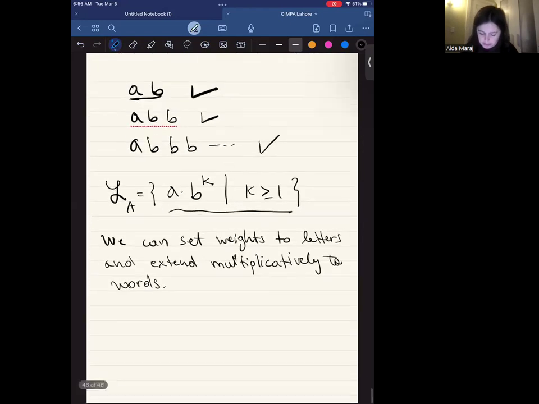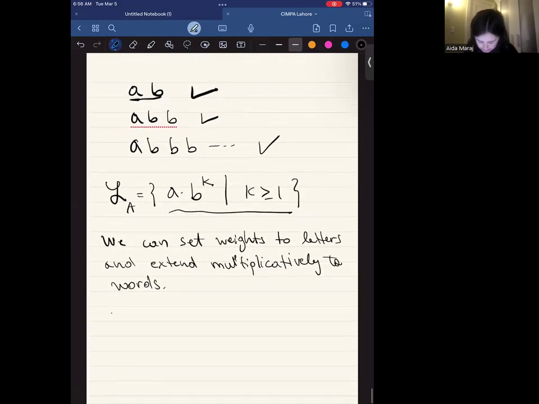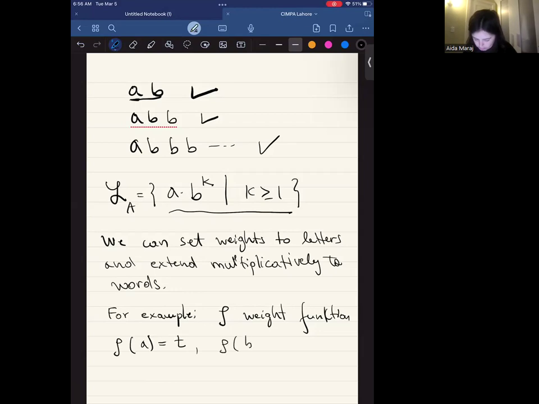For example, let's take a weight function rho, where rho of A is equal to T, and rho of B is equal to S. Then rho of A B to the k is T times S to the k.